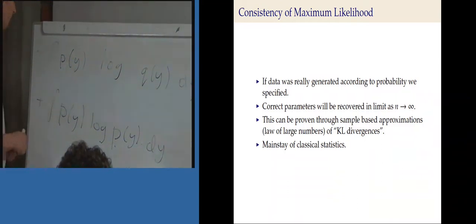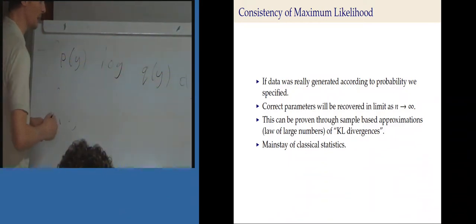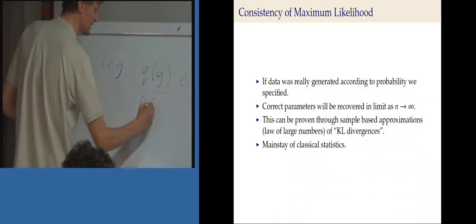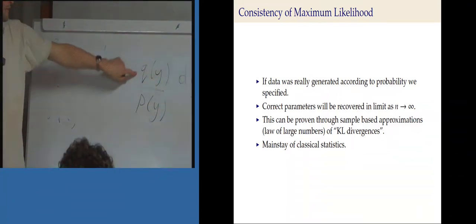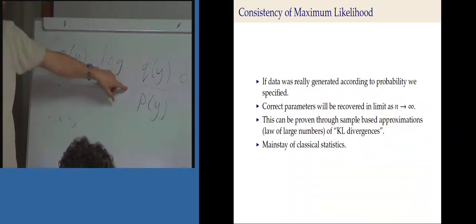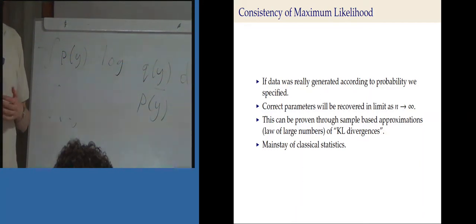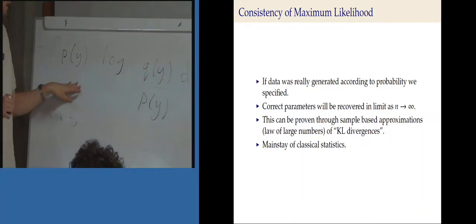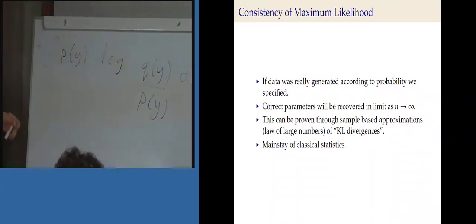It can also be written as this ratio here, because that expectation is just over the log. If these were matching each other, this ratio would be equal to 1 everywhere. So it's log of 1 everywhere, regardless of what P of y is. I'm not going to prove to you that it never goes negative.